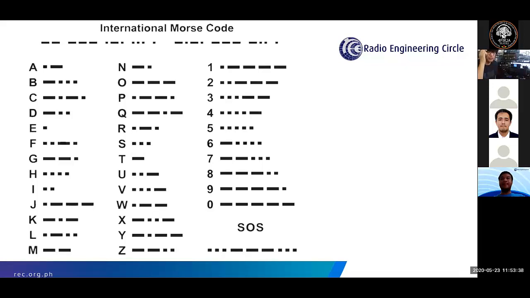If you're learning Morse code, don't count the dits and dots because you're going to get confused. You have to hear it like 1 unit. It's like music. If you look at the 5, that's 5 units, and the 4 units is H.